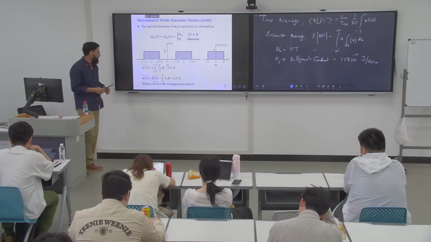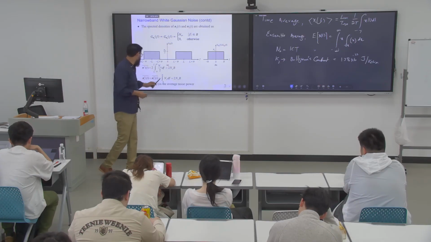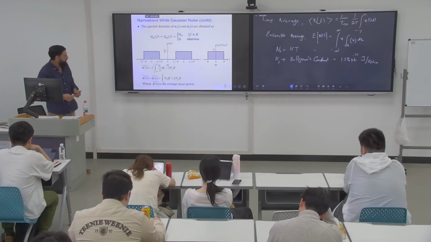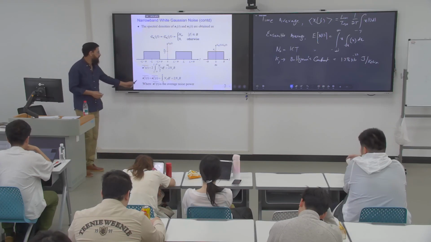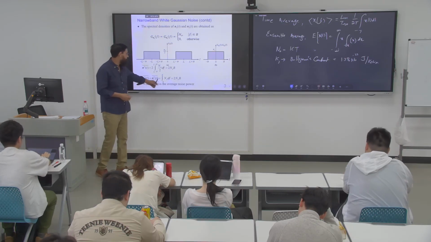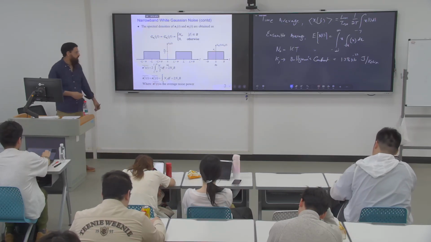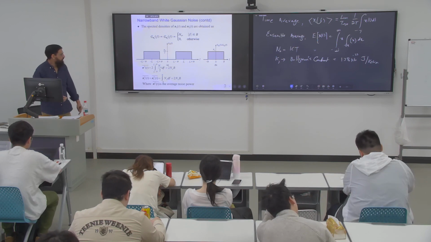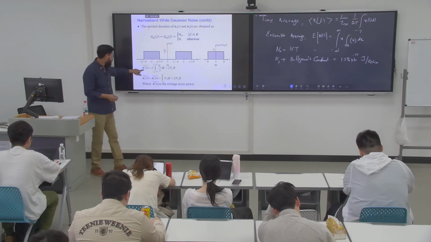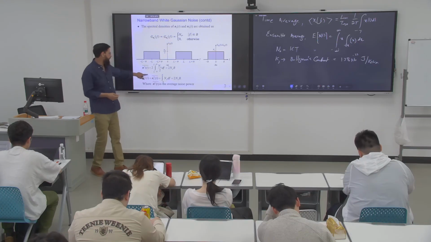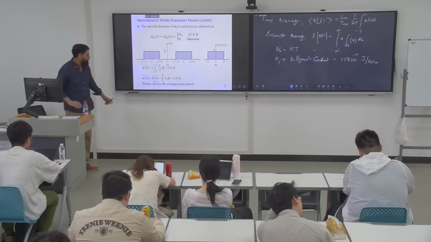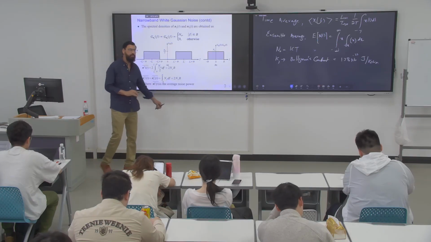When you solve that, you will get that the power of NC and NS is equal to 2 times N0B. This is the power for n, and these are the two components, so we can get the power of both components as 2 times N0B.